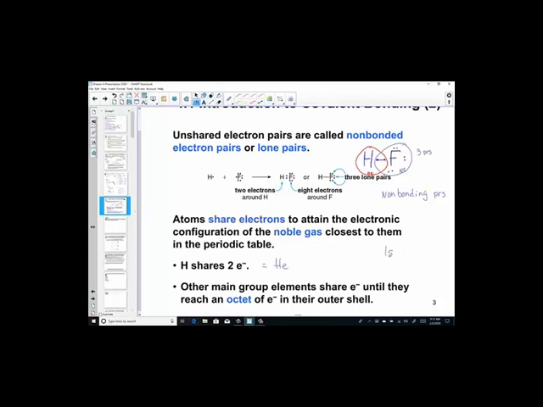So if this is hydrogen, its goal is to become like helium. That first energy level is filled with 2 electrons in the s sublevel. But anything bigger than that, we know that we want to achieve the octet, just like fluorine did. By gaining 1 more electron, it became like neon, and so forth.